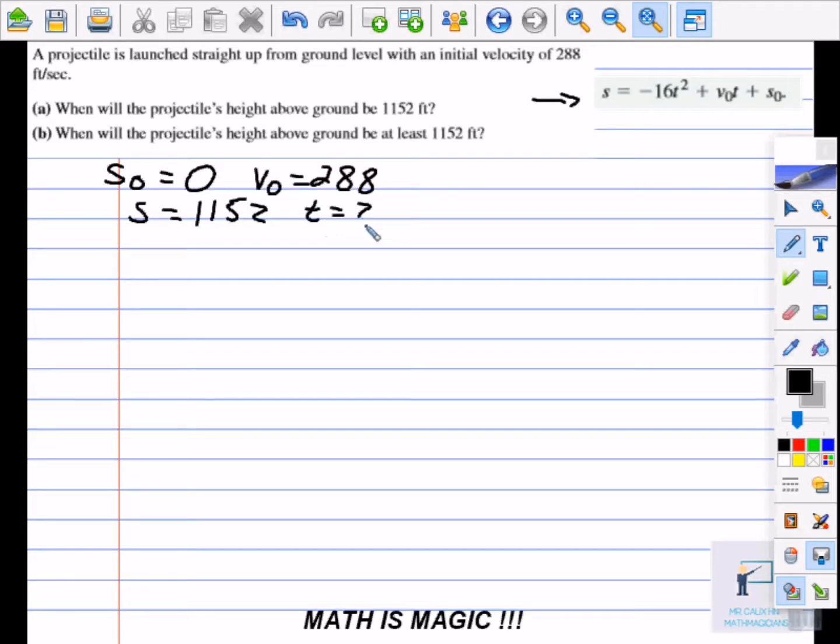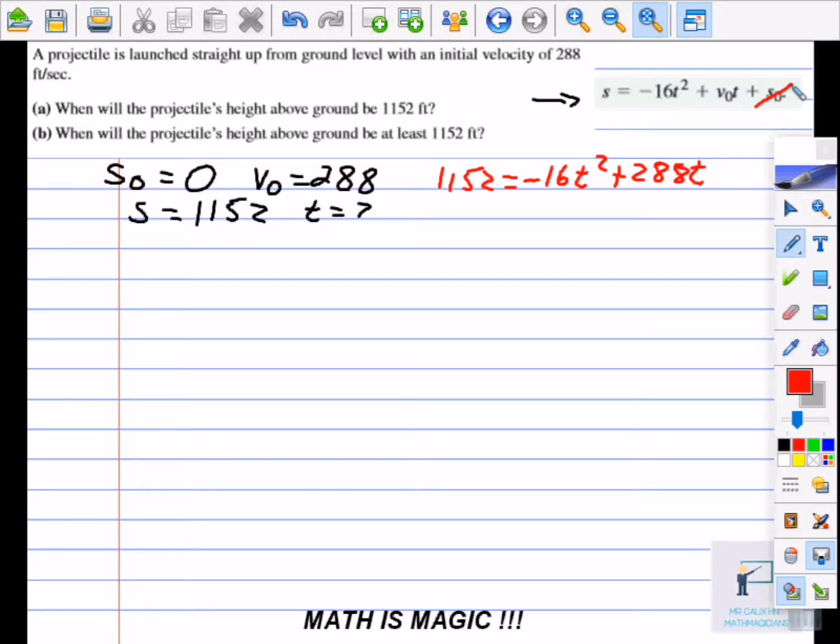Now, if we substitute, we will have 1,152, that is your S, is equal to negative 16t squared plus the initial velocity, that is 288, times t, and this is 0, we don't need to put it.